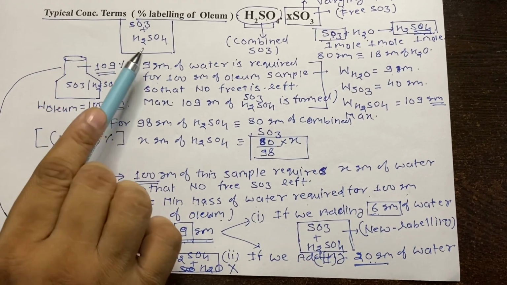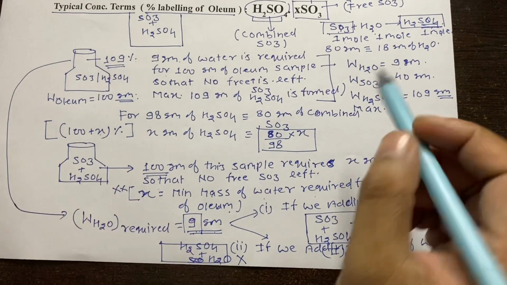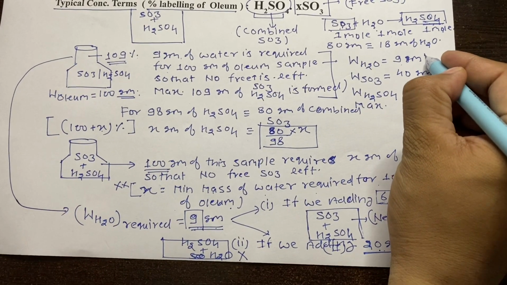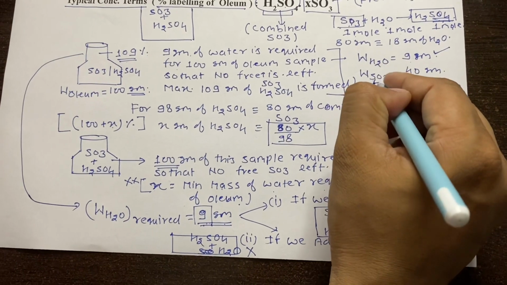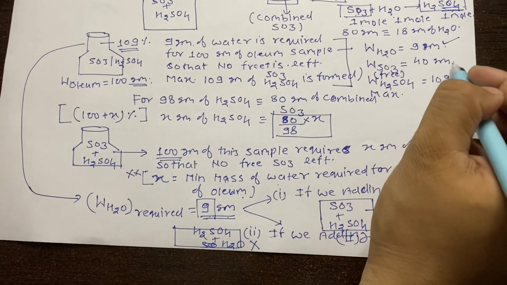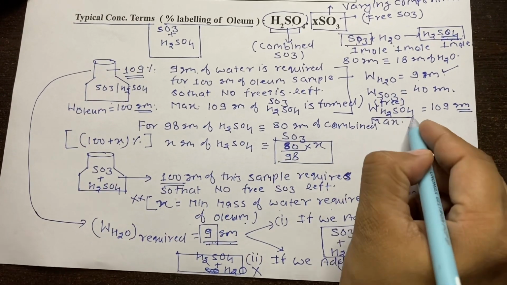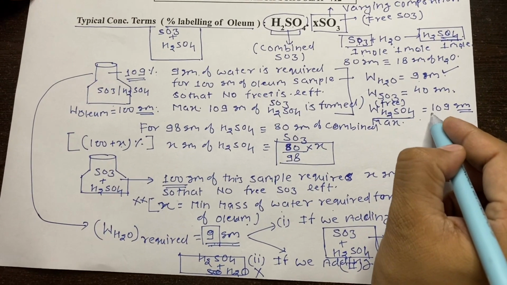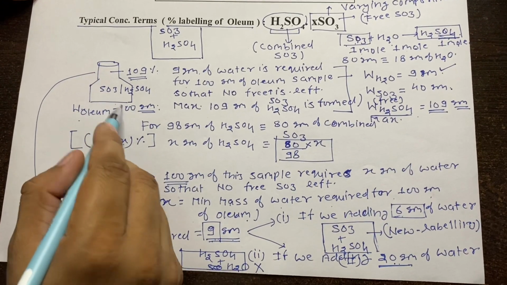So what I said, if an oleum sample is labeled by 109%, it means that mass of water present will be 9 gram, and WSO3, which is the free SO3, will be 40 gram, and the maximum amount of H2SO4 which can be produced will be 109 gram, and the mass of oleum sample will be 100 gram.